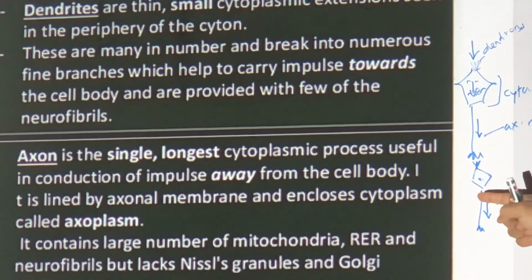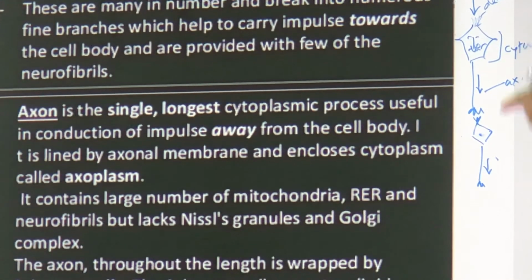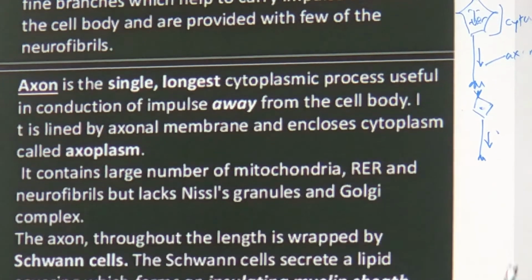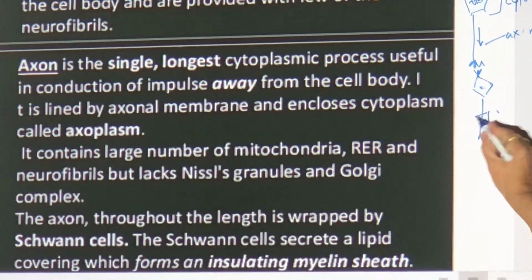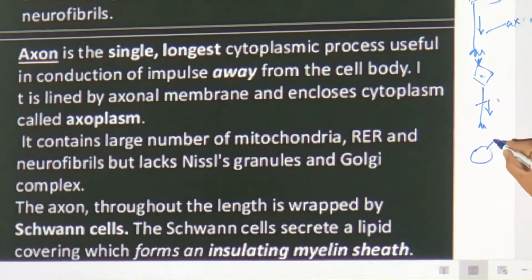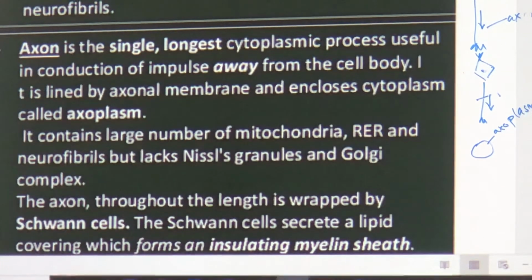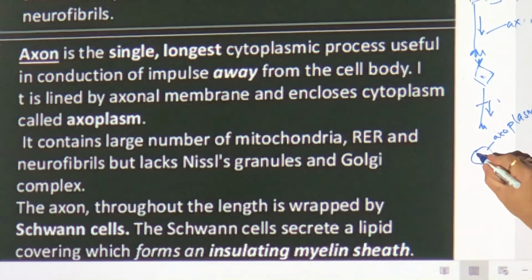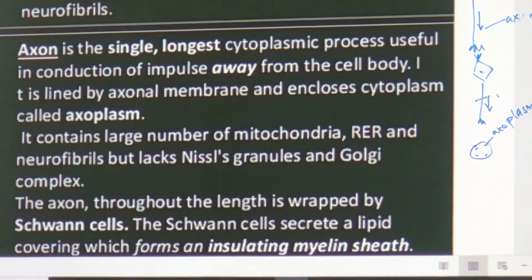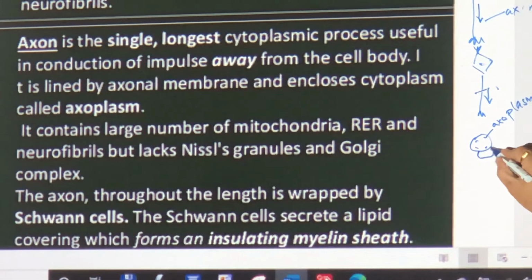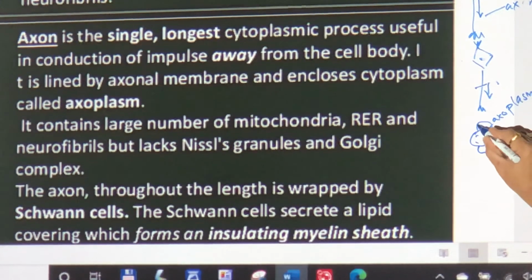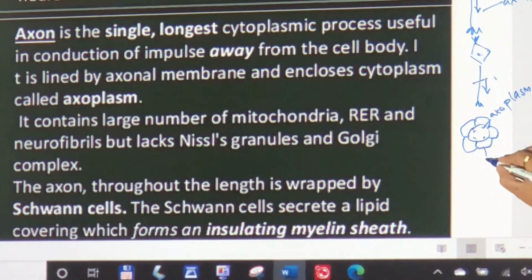Axon is single and long. It takes the impulse away, and inside the axon, if I cut it, I have axoplasm inside. It also contains mitochondria, which you can't see. And it has got Schwann cells on top, cellotape on top.